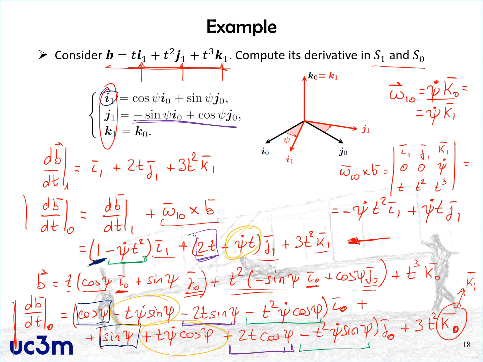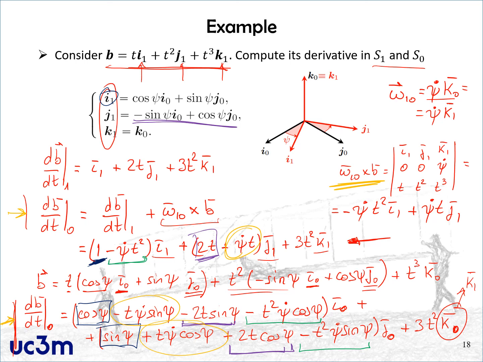So yes, these two expressions are the same, and you have seen two different ways of computing the derivative in reference frame 0, either by using the Coriolis theorem, which means that you need to compute a cross product. That's fine, but you need to compute the cross product. Or by moving everything to the basis 0 and taking derivatives there.